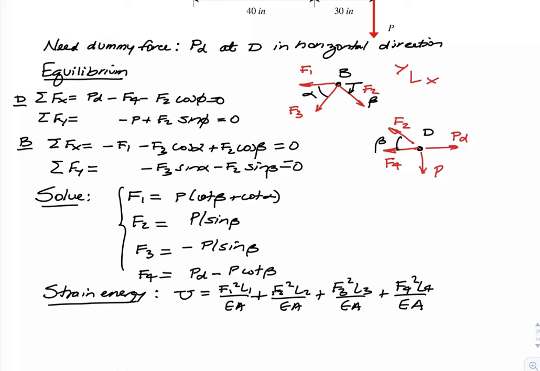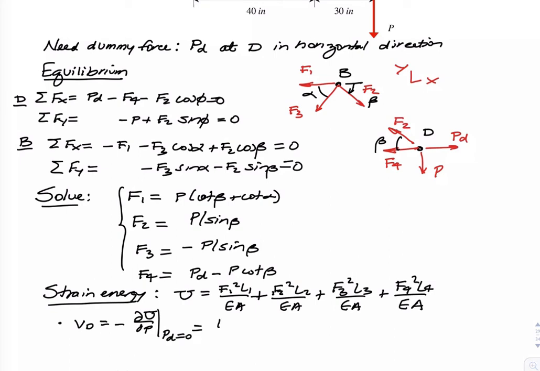And so, therefore, what we need is to use Castigliano to say that V sub D is going to be equal to partial U with respect to P, not with respect to PD, and when we get through, we set PD equal to 0.